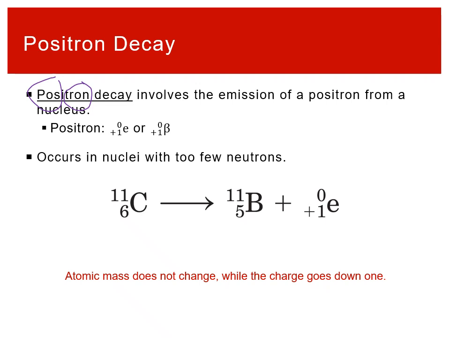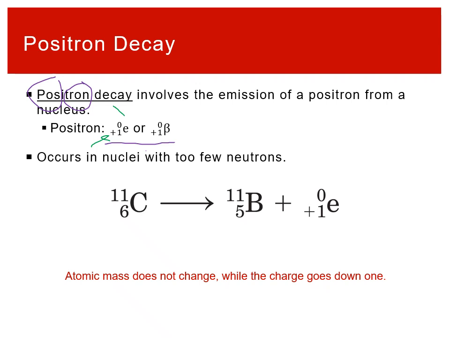So a positron, which we'll talk about a little more here, is just like an electron, but it's positively charged. And so the notation we use for it matches the beta notation or the little e notation that we use for electrons. It has a 0 mass, but a +1 charge.